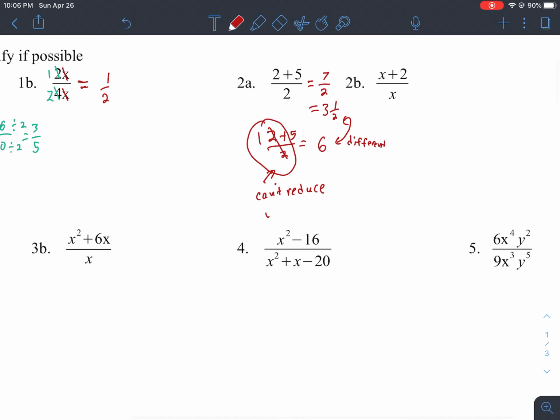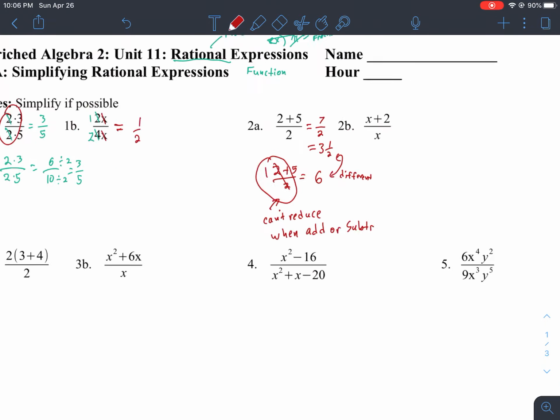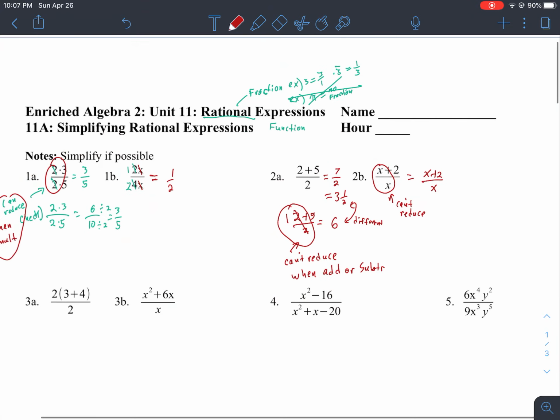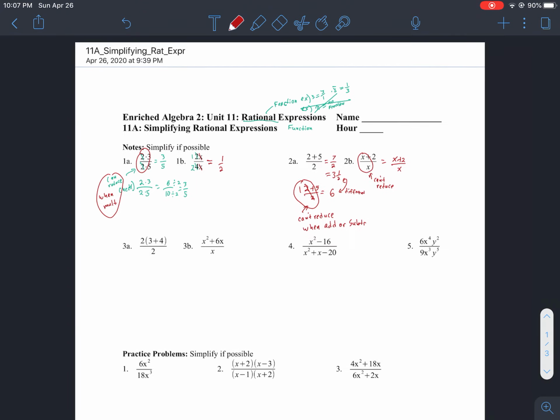You can't reduce when there's addition or subtraction. So in this problem, x over x can't be reduced. So the answer is just x plus 2 over x. You can't reduce those because of the addition. Interesting.